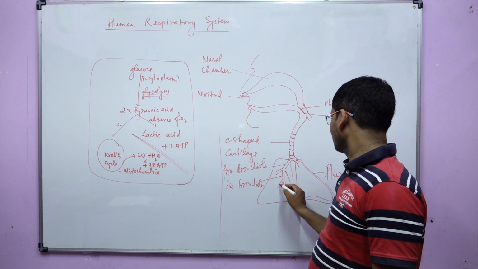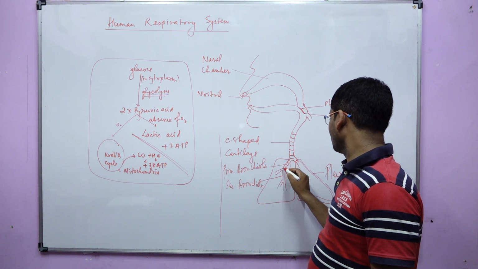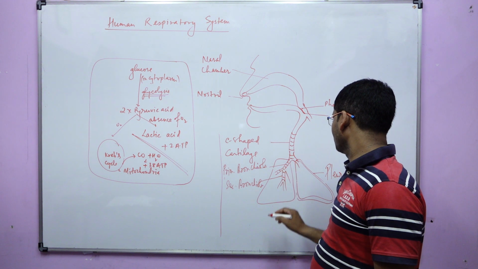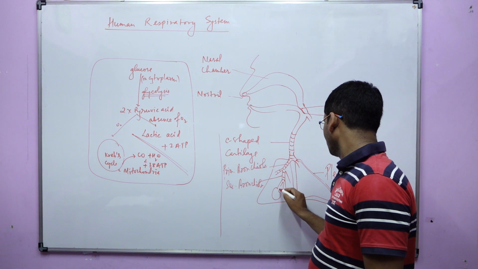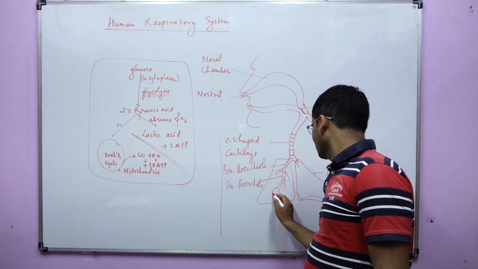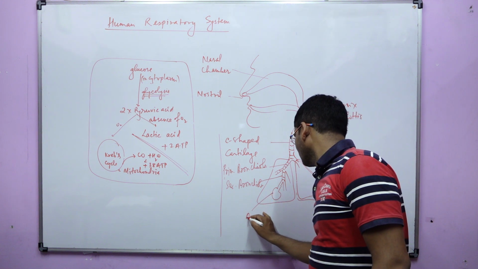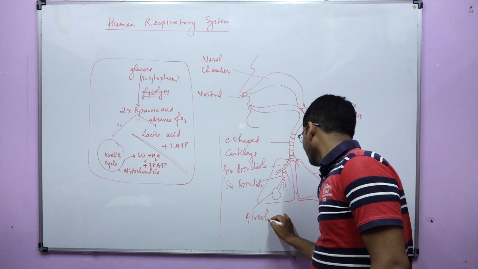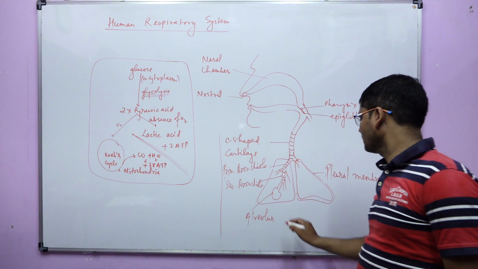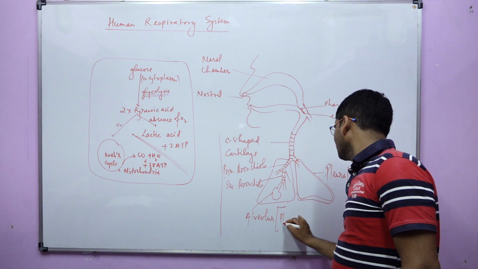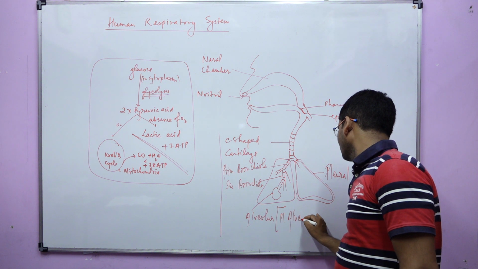Later it is not made up of cartilage. Finally we have air sacs, called alveolus, and the plural is alveoli.